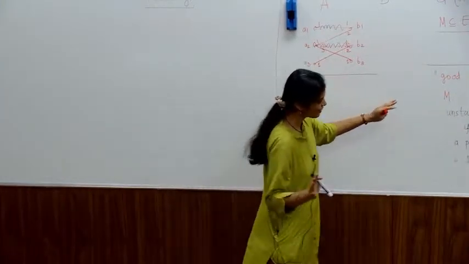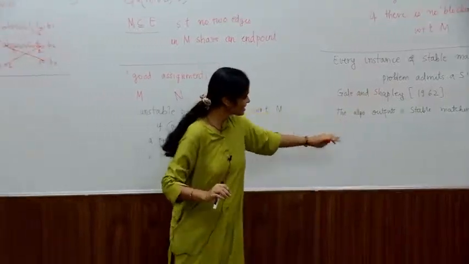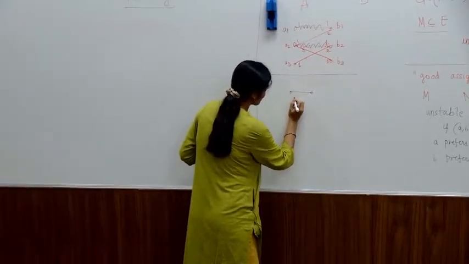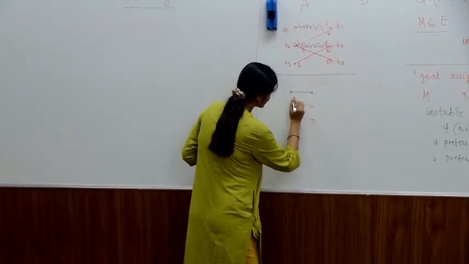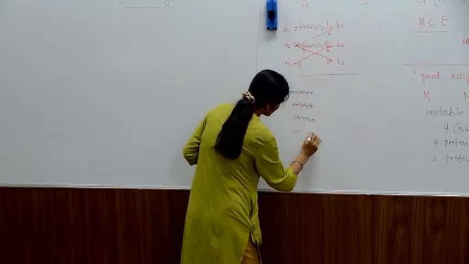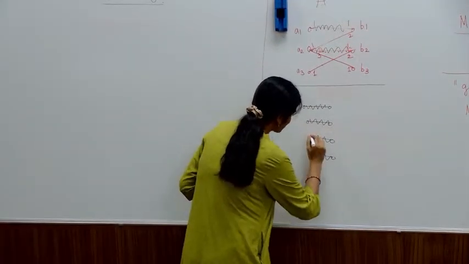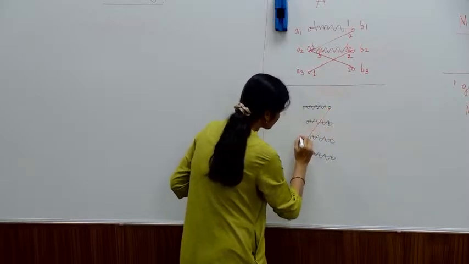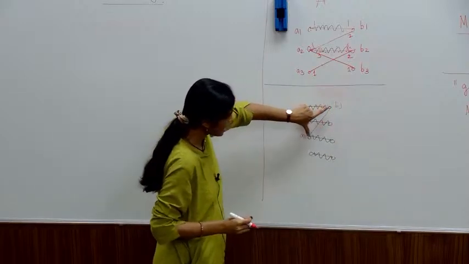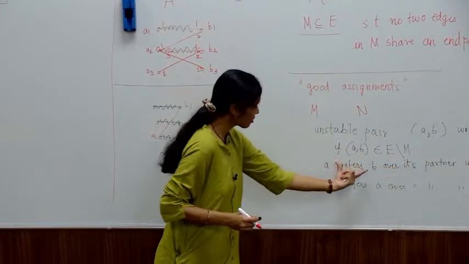For the sake of completeness, although you have observed that the algorithm outputs a stable matching, we'll quickly prove this. Let's say that the algorithm outputs a matching like this, and potentially this vertex could have also been unmatched, and let's say it forms a blocking pair. There is this Ai and this Bj. They must belong to the edge set, they do not belong to the matching, and they form a blocking pair.